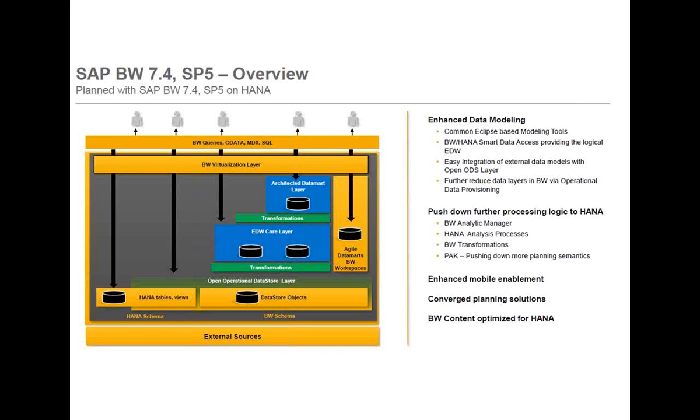As you are seeing on my screen, we have the open operational data store layer, which is the new concept introduced here. Along with that, we will be discussing the BW virtualization layer, how the HANA tables, HANA schema and BW schema work, everything we will be discussing.